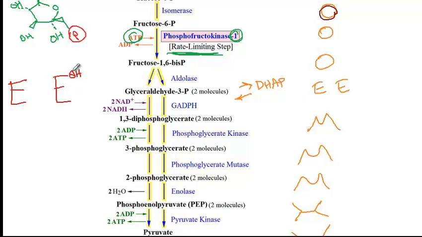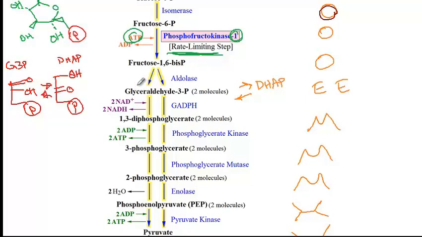So here we have an OH group, double bond O, and a phosphate. That's for dihydroxyacetone phosphate. And then for glyceraldehyde phosphate, we have a double bond O, OH. So the place of these two groups is changed, and then we have a phosphate group. And these two molecules are isomers and are interchangeable.